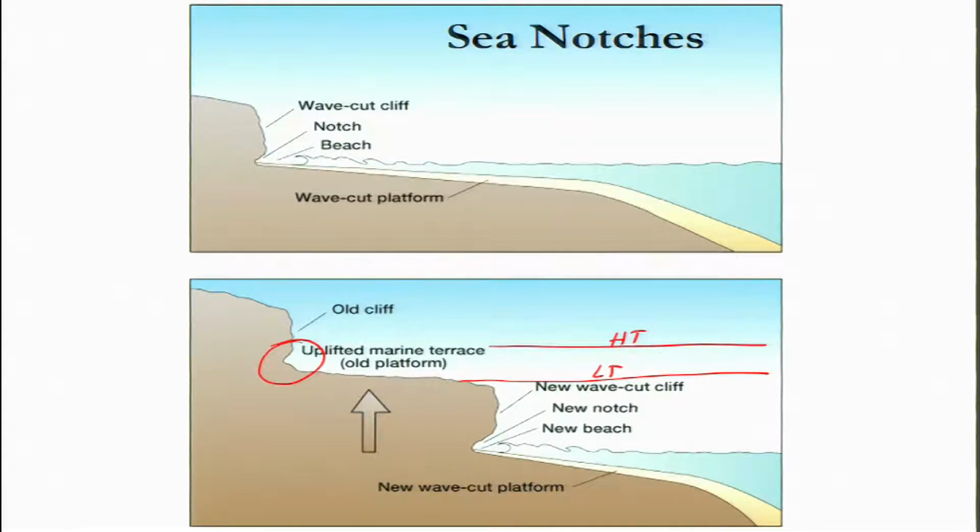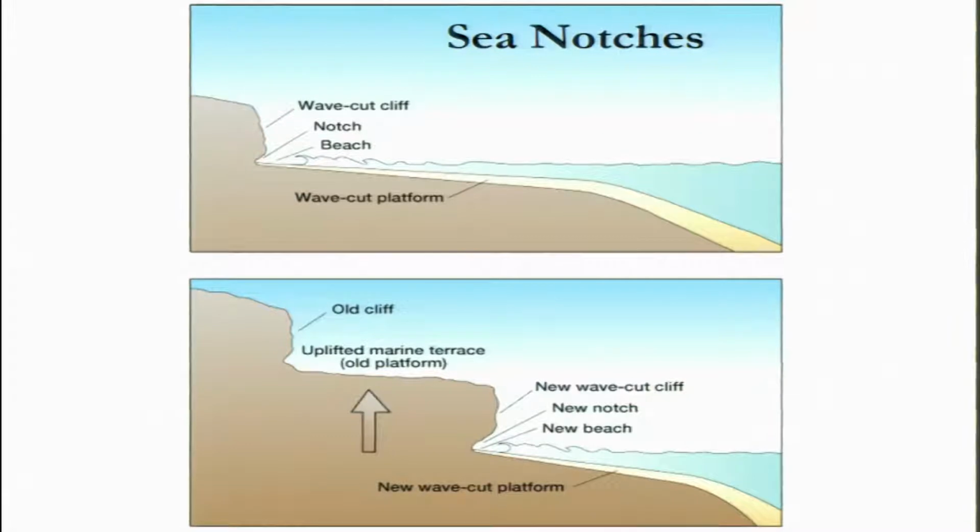Subsequently the sea level has fallen, and what you see is the present day new platform, which is sloping towards the ocean, and then you have a new notch which is coming up, as well as the new wave cut cliff.